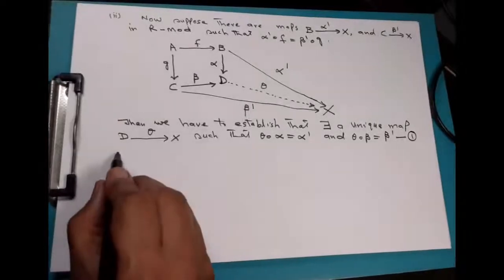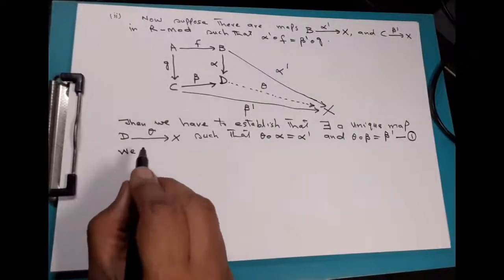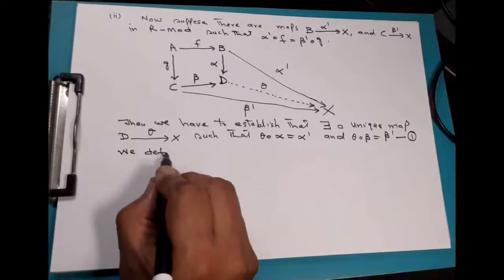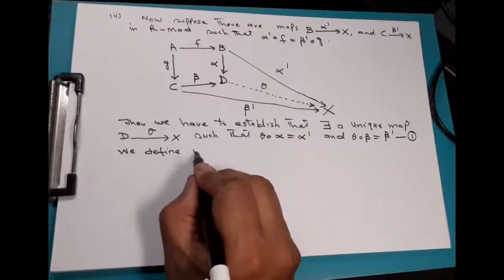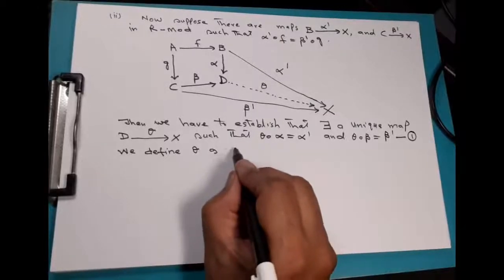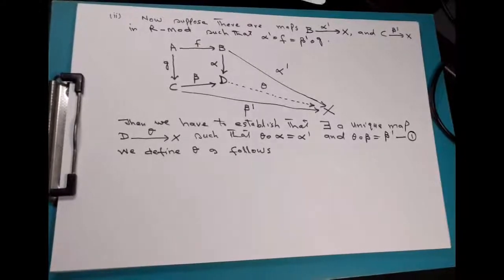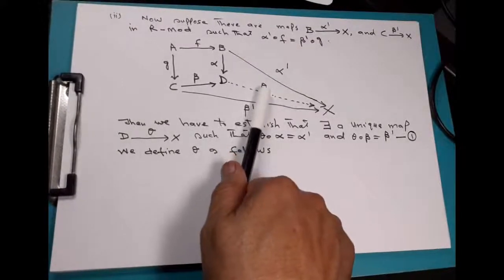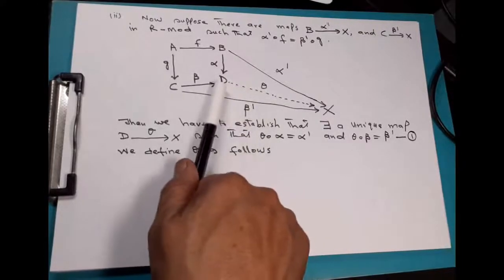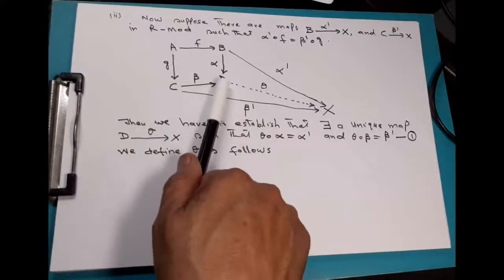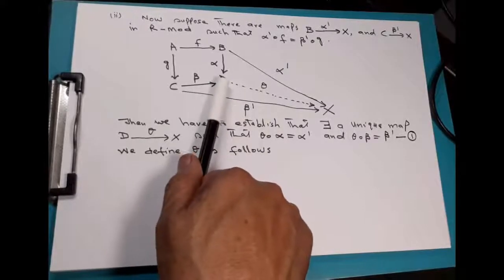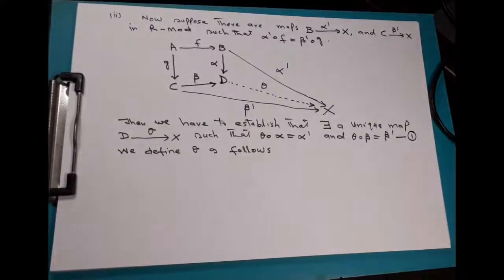So we define theta as follows. We have to define the effect of theta on elements of D. And elements of D, you must be knowing that D is in fact a quotient module, the quotient of the co-product of B and C with S, and we have already discussed what S is.